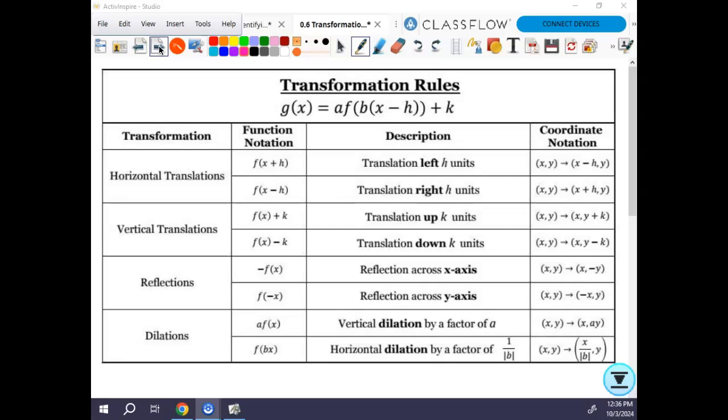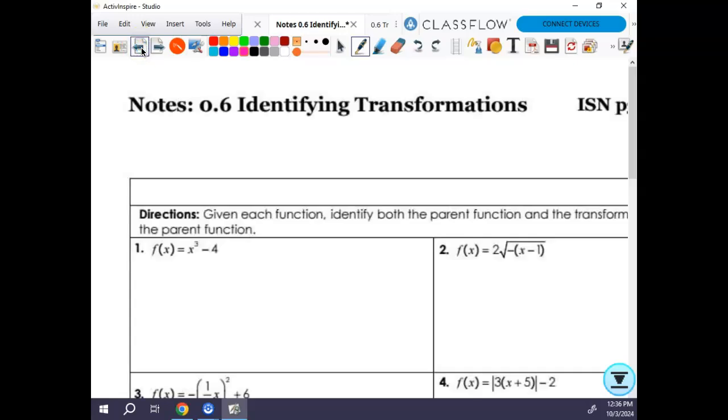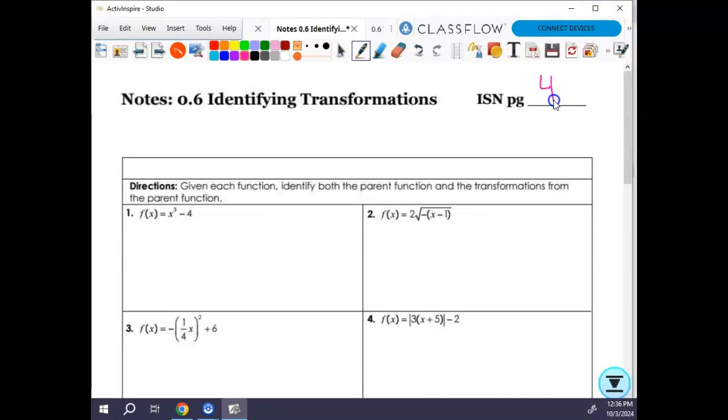That way that doesn't get shaken up and then I don't even know what's on the side anymore. There we go. All righty. This is going on page 41 when we're done.